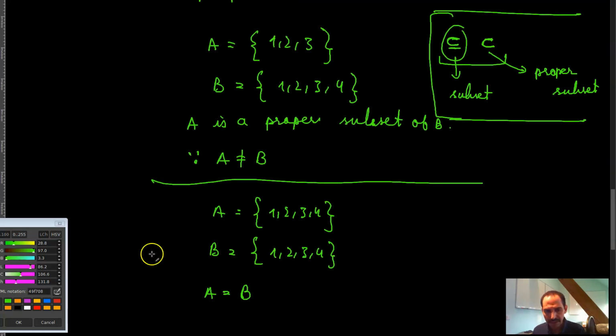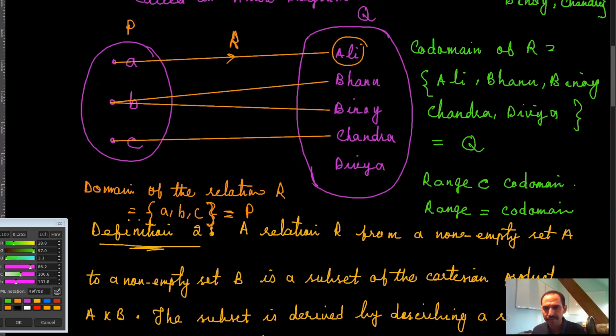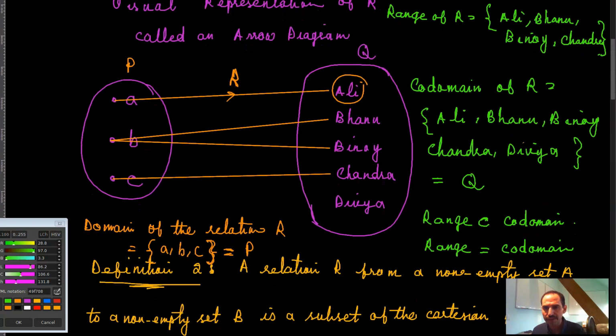So now based on this concept and this definition, what we can say is that over here we said that the range is the set of all elements in the relation that have been mapped from the domain. That means that the range over here is Ali, Bhanu, Binoy, and Chandra, and only these 4 elements.